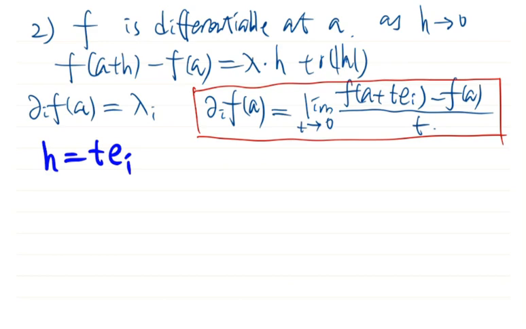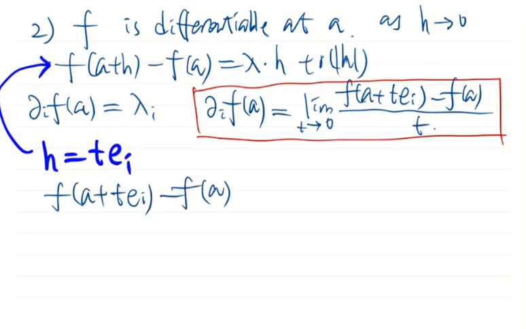You should be able to find that we set h to be tei in the definition of differentiability. We see that f(a+tei) minus f(a) will be the inner product of lambda and tei plus a higher order term.